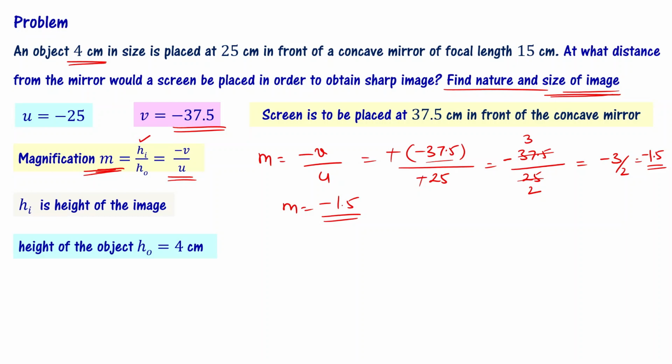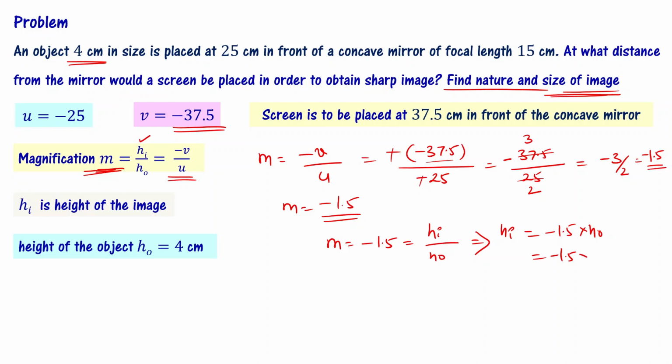Minus 1.5 has come, so you see m equal to minus 1.5 equal to hi divided by ho, right? We know the ho value. hi equal to minus 1.5 into ho.